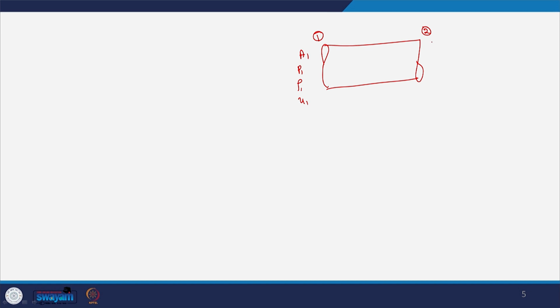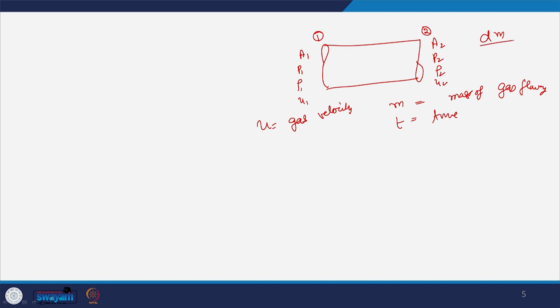And here we have A2, P2, rho 2, U2. So, U is the gas velocity, m is the mass of gas flowing, and t is the time for this equation dm over dt is equal to 0.